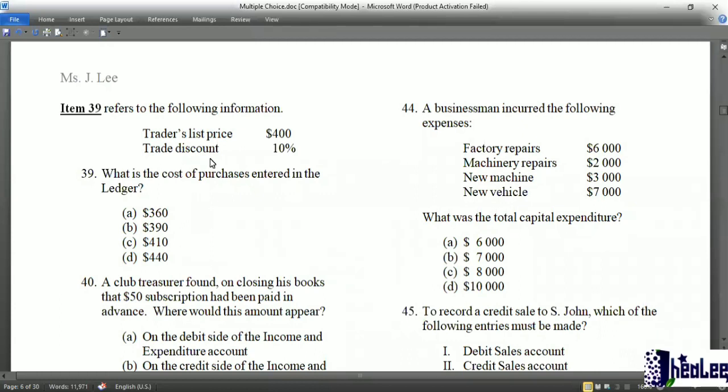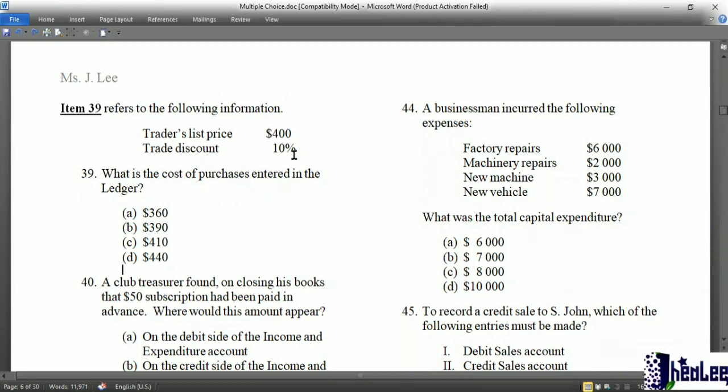The trade discount is a way of encouraging persons to purchase in bulk, or you might find that a business gives their regular customers a trade discount for doing business with them. And the question is asking you, what is the cost of purchases entered in the ledger? So if the individual is getting 10% discount, it means that they're paying 90% of the cost.